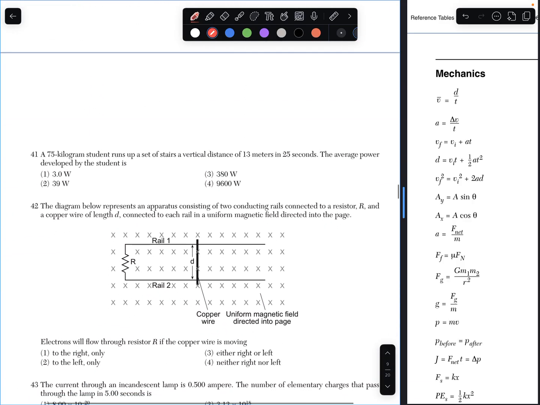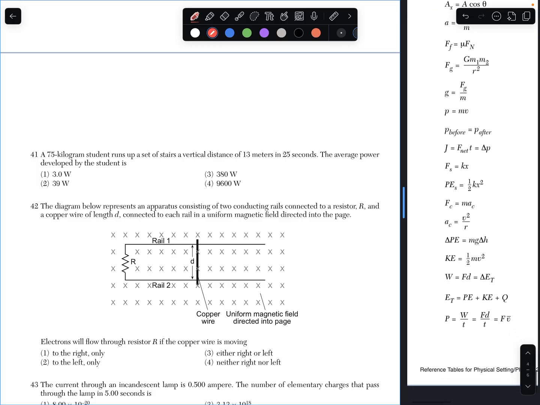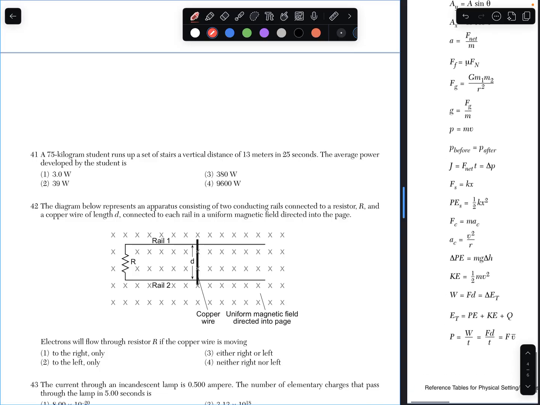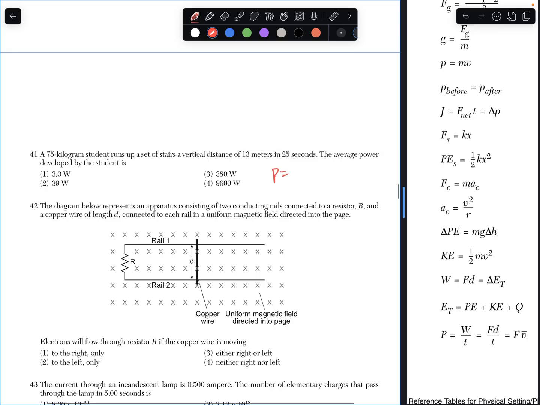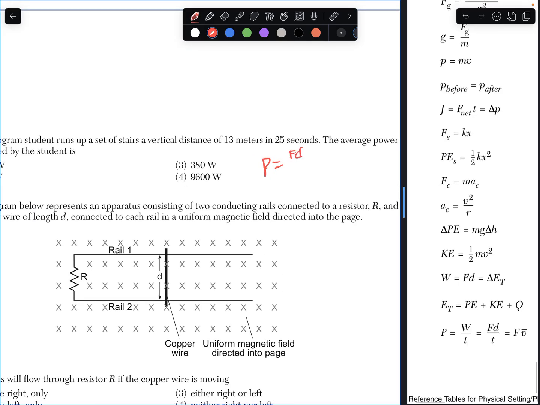Okay, a 75-kilogram student runs up a stair, a vertical distance of 13 meters in 25 seconds. The average power developed by the student is. Let's look at the power formula. Power is work over time, and work is force times distance, so P is equal to force times d over t.